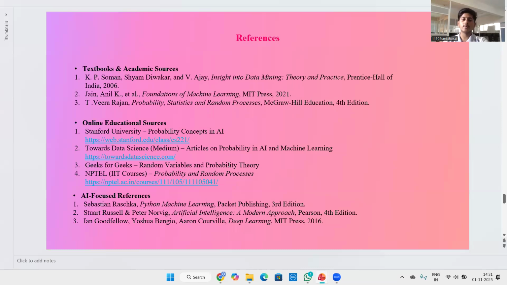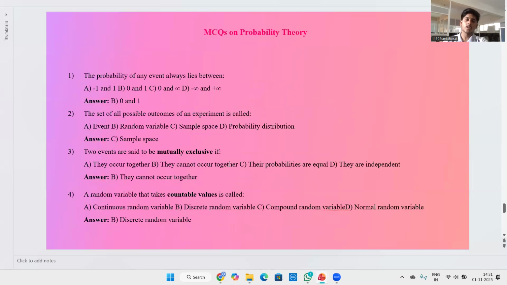NPTEL courses, probability and random processes, and AI-focused references like Cloudflare, etc.